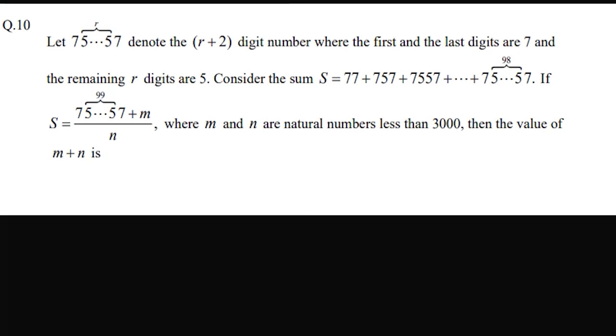Now here the question is, we are given a number which is of the form 7, 5, 5, 5, 7, and here we have a total of r 5s, and then we have these two numbers 7. So basically it is an r plus 2 digit number. So the first and last digit are 7 and the remaining digits are 5.